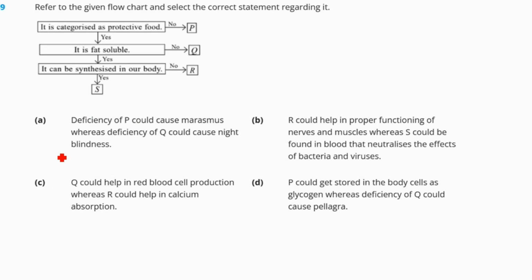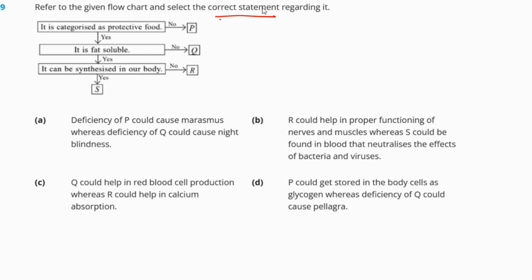Question number 49. Refer to the given flowchart and select the correct statement regarding it. It is categorized as protective food. No is P. Yes, it is fat soluble. No is Q. Yes, it can be synthesized in our body. No is R. Yes is S. We have to find out the correct statement.